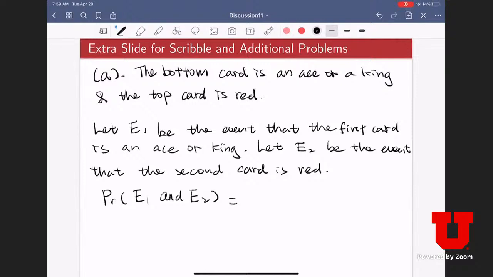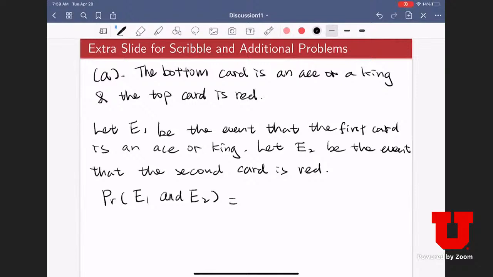Or let me ask another question. Are E1 and E2 independent or dependent? Dependent. Yep, so they are dependent. How would you write the probability where your E1 and E2 are dependent?